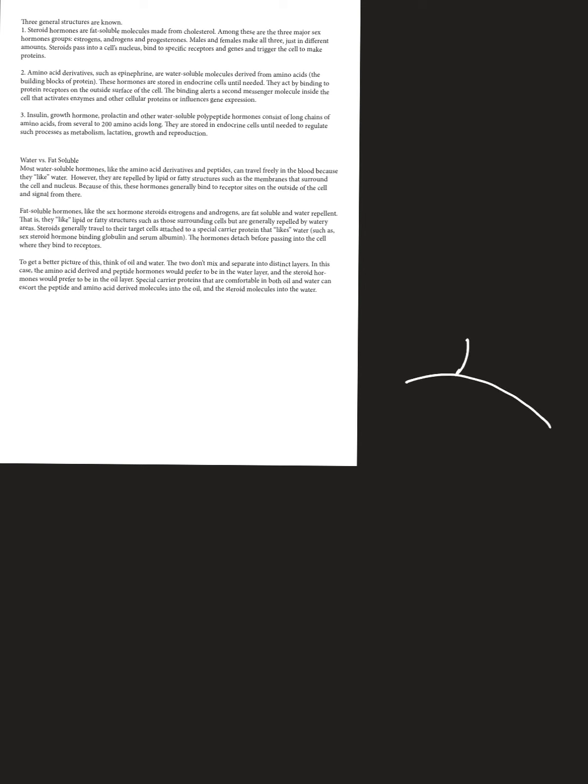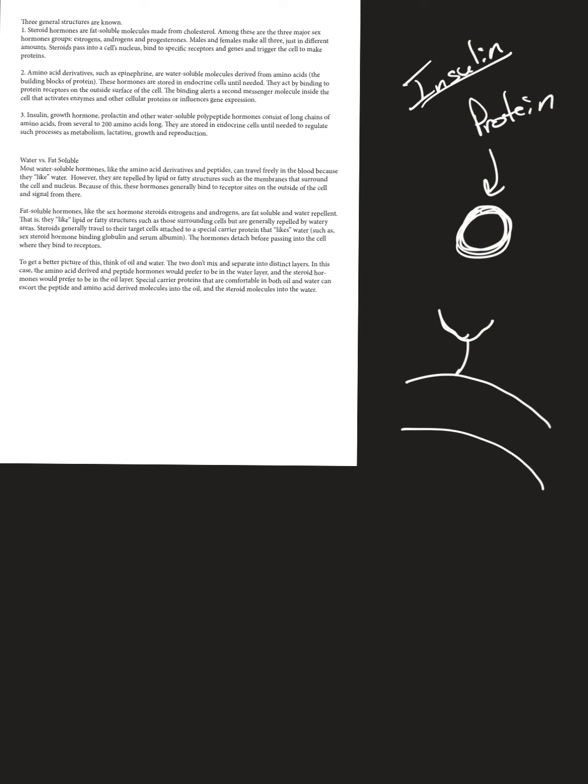So if you think of a protein, let's just call this a protein, like insulin, as an example, right? And that protein can't get through the membrane because this membrane is insoluble or water hating.